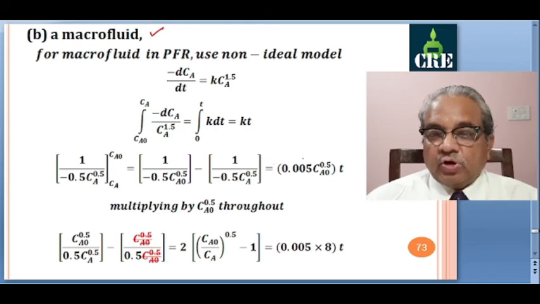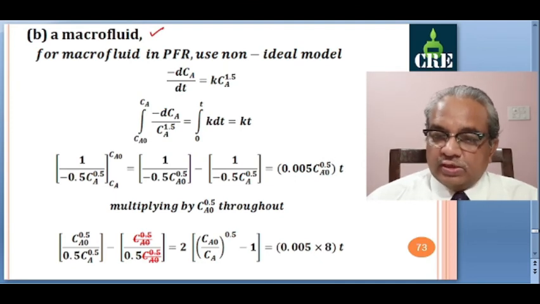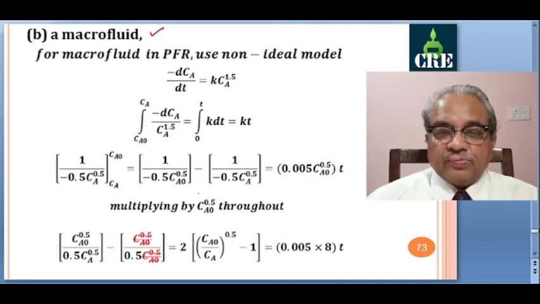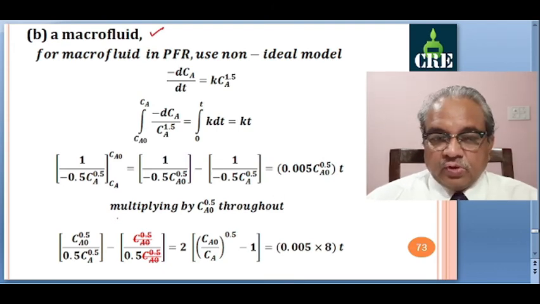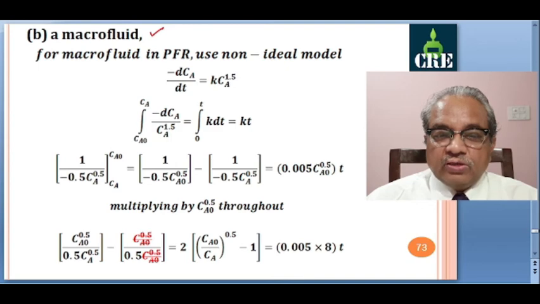K is 0.005, Ca raised to 0.5, that is also known, t. So we'll first multiply by Ca0 raised to 0.5 throughout to get our Ca by Ca0 term. Okay. So if I multiply by Ca0 raised to 0.5, and the second term Ca0 raised to 0.5, this gets cancelled out.